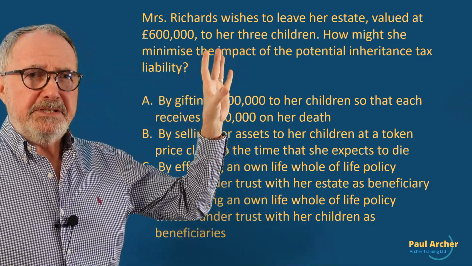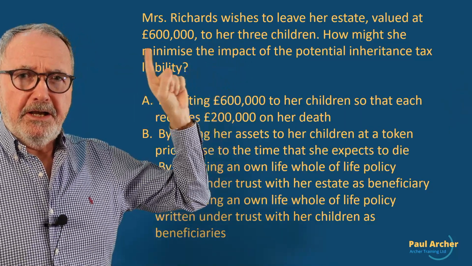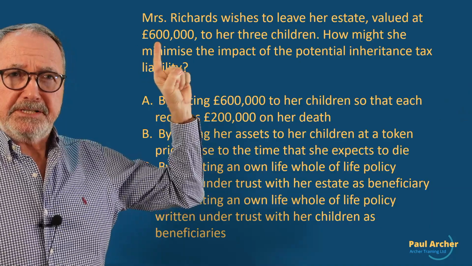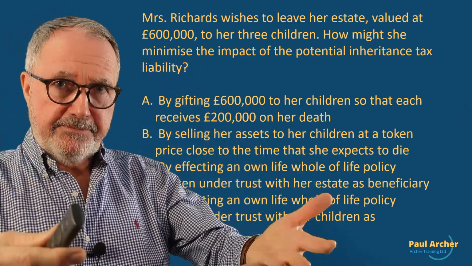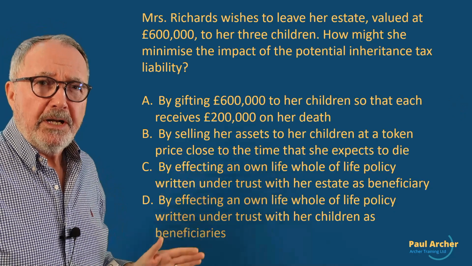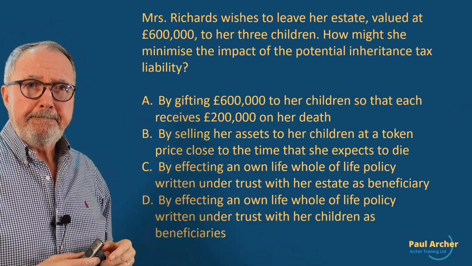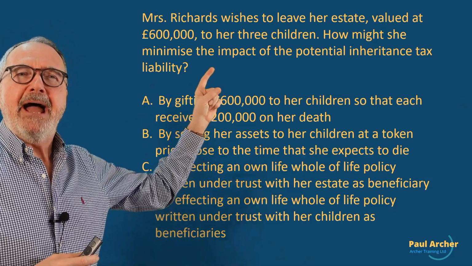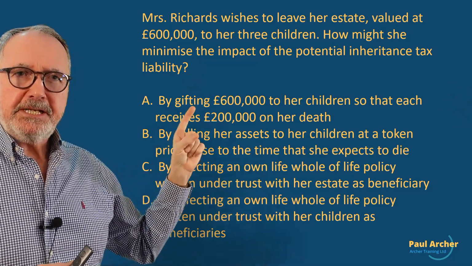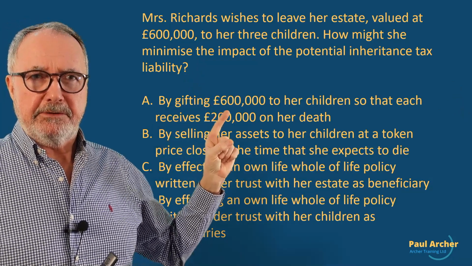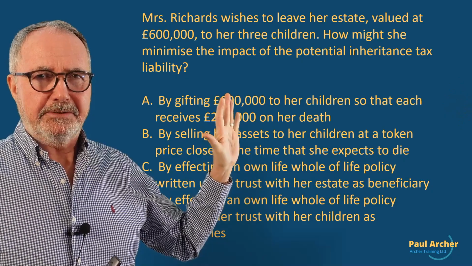And it doesn't matter what division she decides, her estate is liable for inheritance tax on £600,000, less the nil rate band, and then the remainder at 40%. So which of these ways can we minimise the impact of the inheritance tax liability? Well, if she gives £600,000 to her children so that each receives £200,000 on her death, that doesn't make any difference at all.